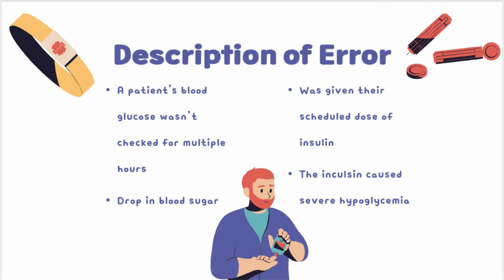Because insulin lowers blood sugar, this caused a significant drop in their glucose levels, leading to severe hypoglycemia. This is especially dangerous because hypoglycemia can result in symptoms like confusion, loss of consciousness, seizures, and even death if not treated. This situation is preventable and highlights the importance of following proper protocols when administering insulin.